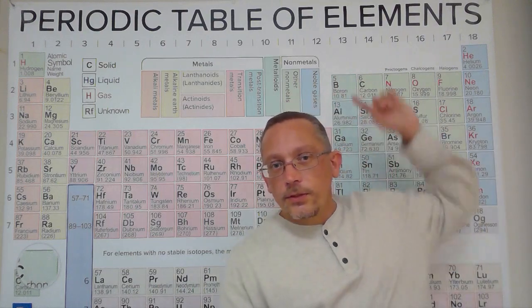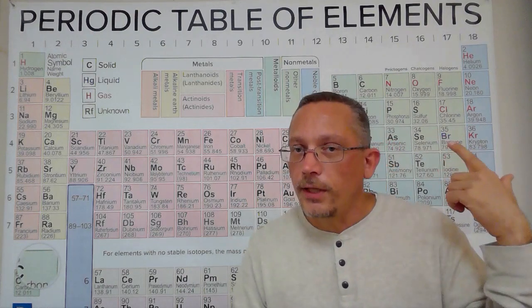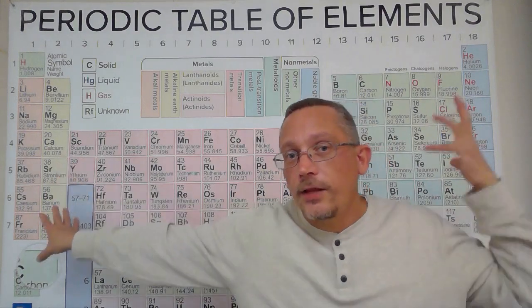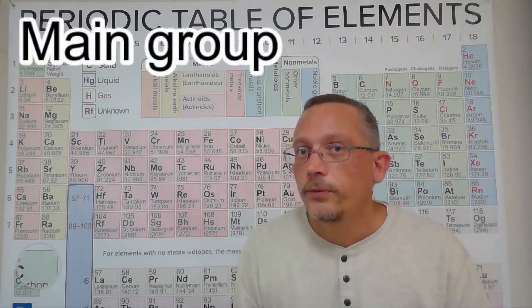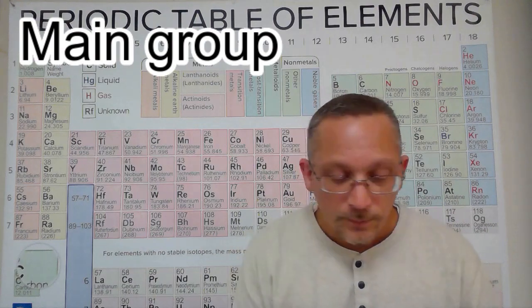You saw these ones in this whole block over here had electron configurations that ended with a p orbital. We call this the p block, right? Now, kind of a word that we should be familiar with, the s block and the p block together, we call the main group, right? So s block and p block is the main group.